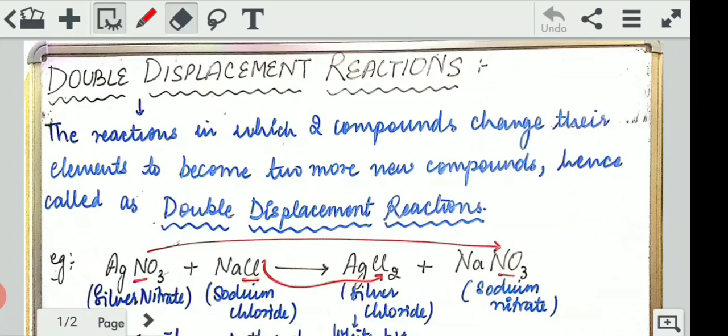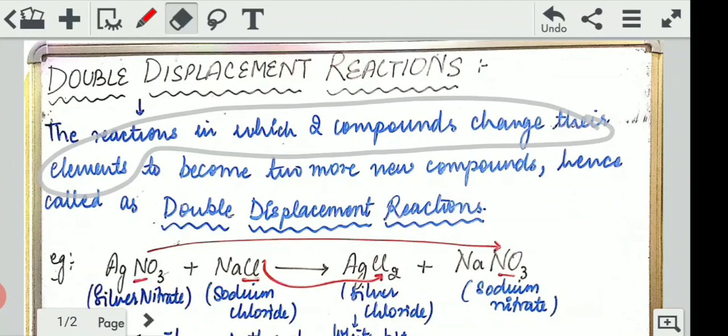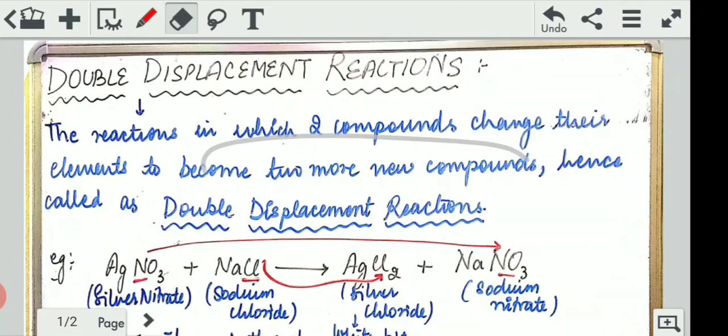Let's study how. The reactions in which two compounds exchange their elements to form two or more new compounds are called double displacement reactions. Did you notice the difference? Here it involves two compounds exchanging their elements, right? And they are forming two or more new compounds.